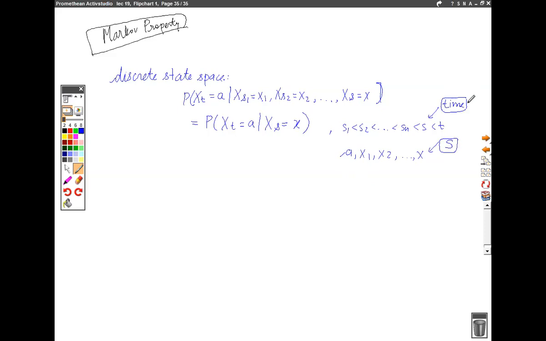But now we know that whenever we are looking at a time series, the state space is not discrete. It can be continuous. So in the time series aspect, what we will have is a continuous state space. Do you think that the definition of a Markov property should change if I'm looking at a continuous state space?